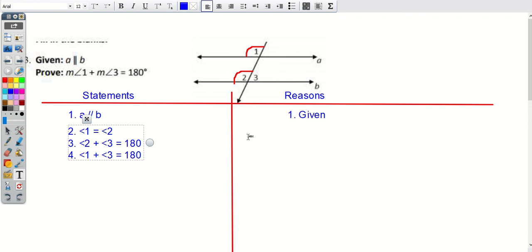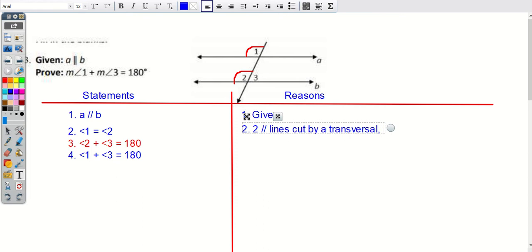All right, so that first reason there is that two parallel line statement. And then we're checking to see how they're related. In this case, the angles are corresponding.